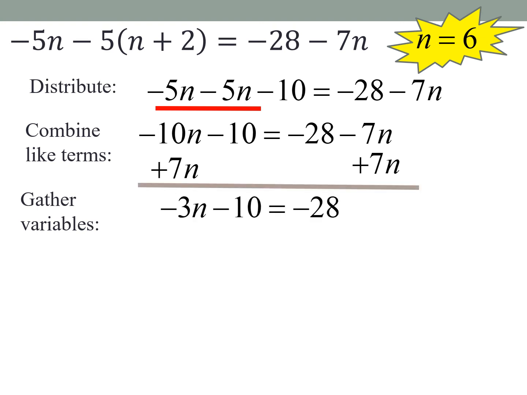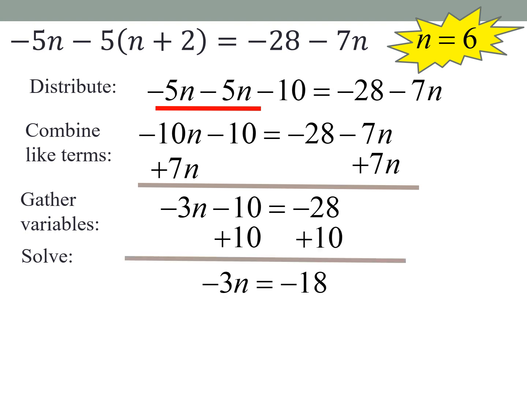And when I do that, my equation simplifies down to negative 3n minus 10 equals negative 28. And now I'm going to solve this. So I'm going to add 10 to both sides, and I'll get negative 3n equals negative 18. I now have to divide by negative 3 to solve the equation to get n alone, and I'll have n equals 6.